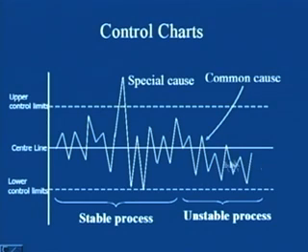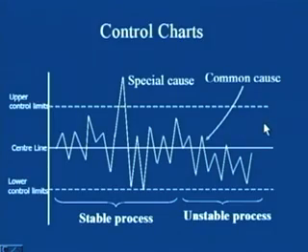If some special reason is there, we can remove it and bring our process back in control. If not, there may be common reasons inherent in the process. We try to improve them, so that not only does our process come into a state of statistical control, but some improvement in the process also takes place.